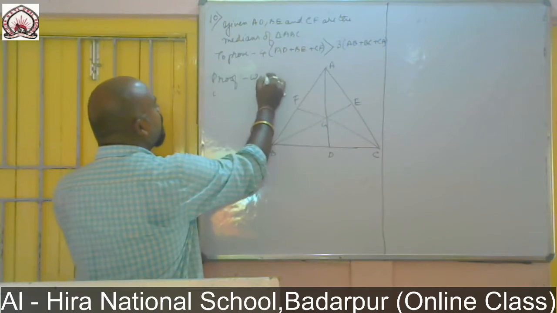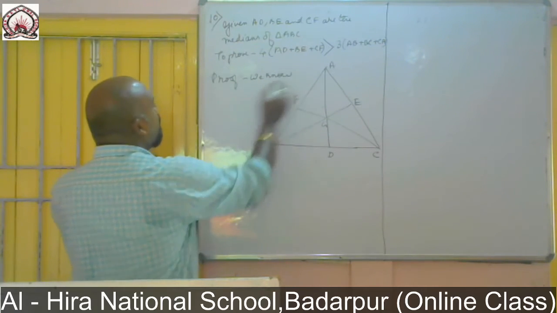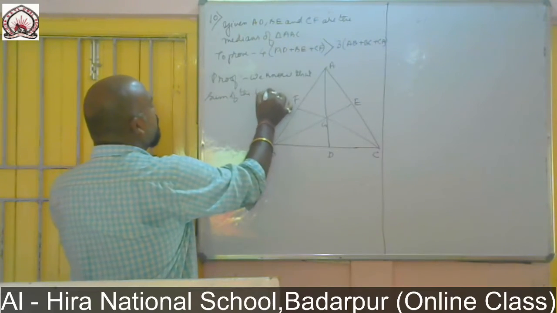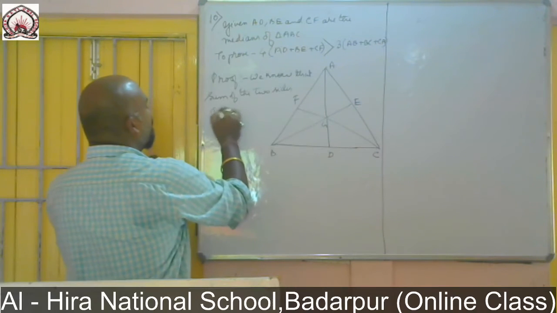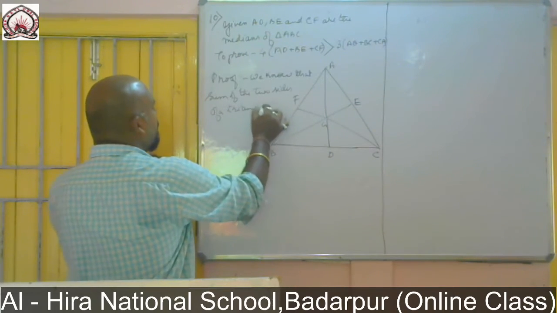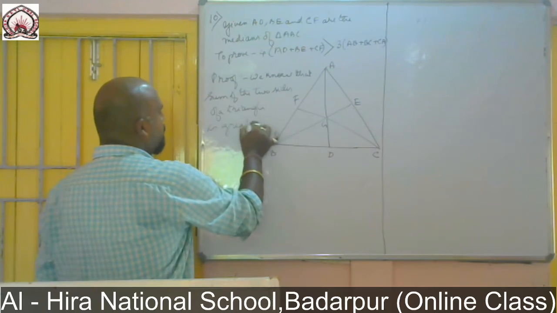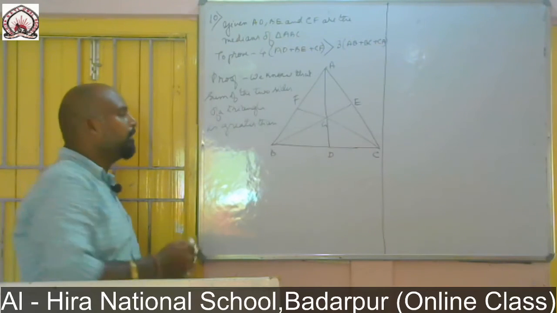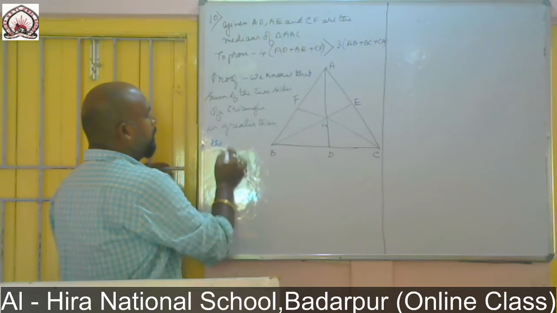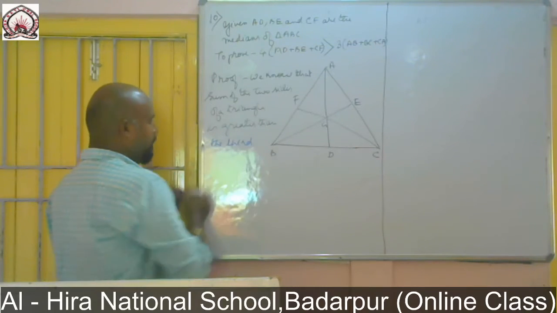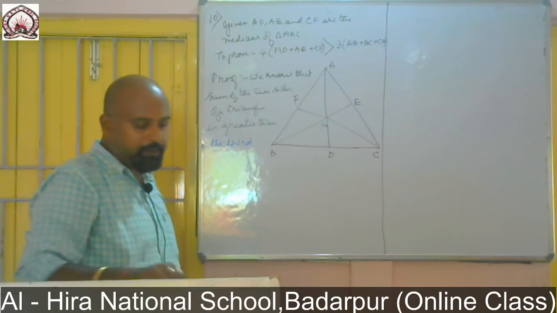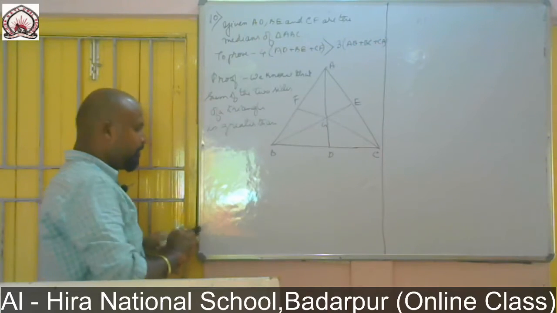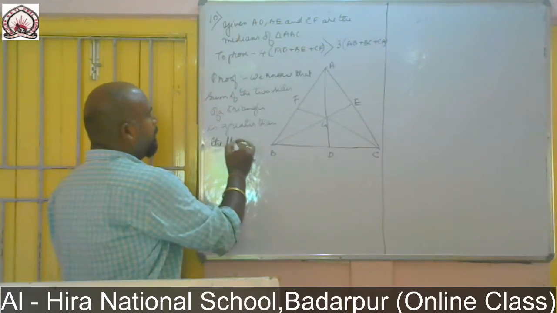We know that the sum of the two sides of a triangle is greater than the third side.